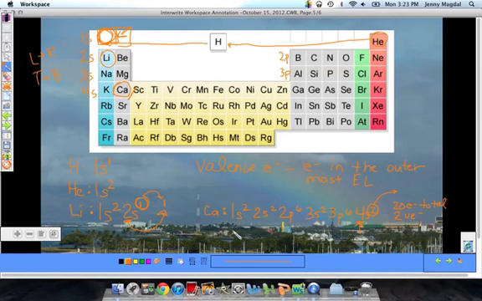And then it would have the configuration 1s2, 2s2, 2p6, 3s2, 3p6, which is just like argon, which is the goal of all of our elements that become ions. They want to have the same electron configuration as one of the noble gases.